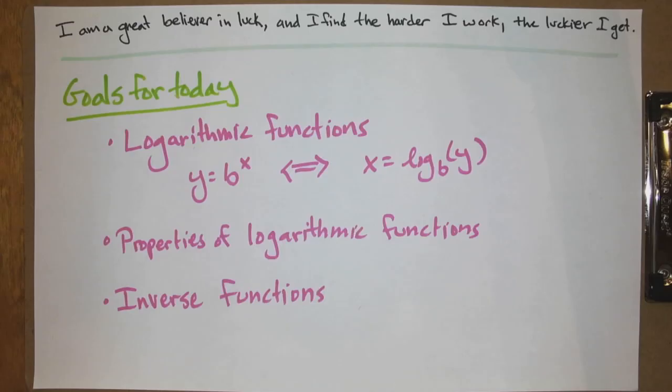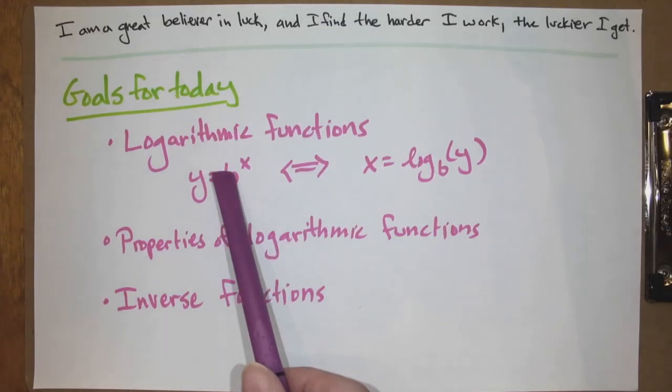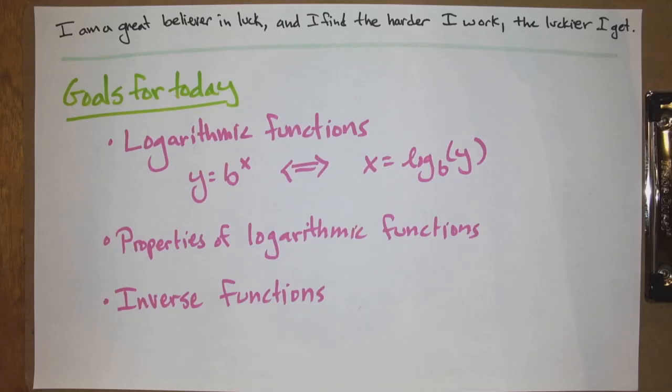Take advantage. Now, we're talking about logarithmic functions today. Last time we talked about exponential functions, where we had the x, our variable, upstairs. And now we're going to talk about logarithmic functions.